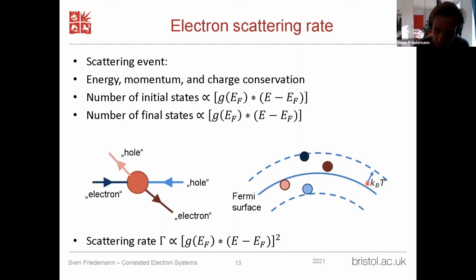That energy range will grow as temperature grows. It grows linearly with temperature, and hence we can replace this energy here with a temperature. So the scattering rate is hence expected to be proportional to temperature squared.